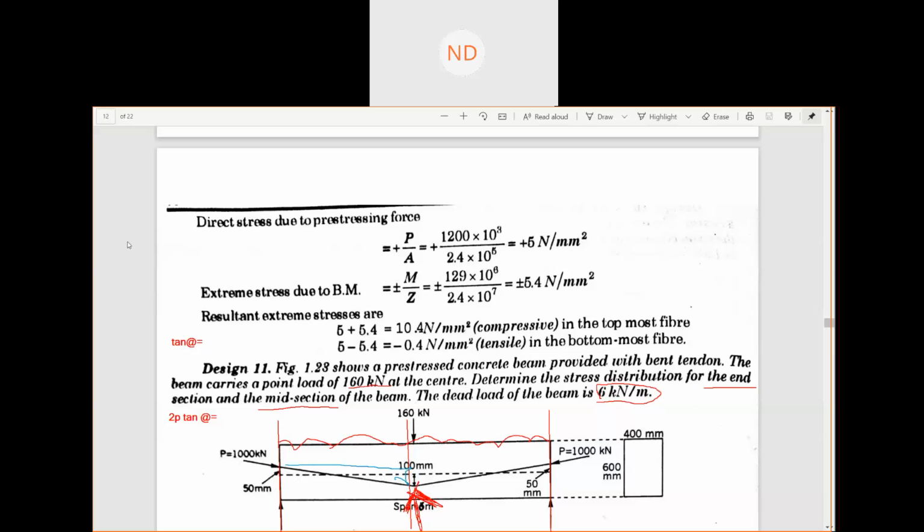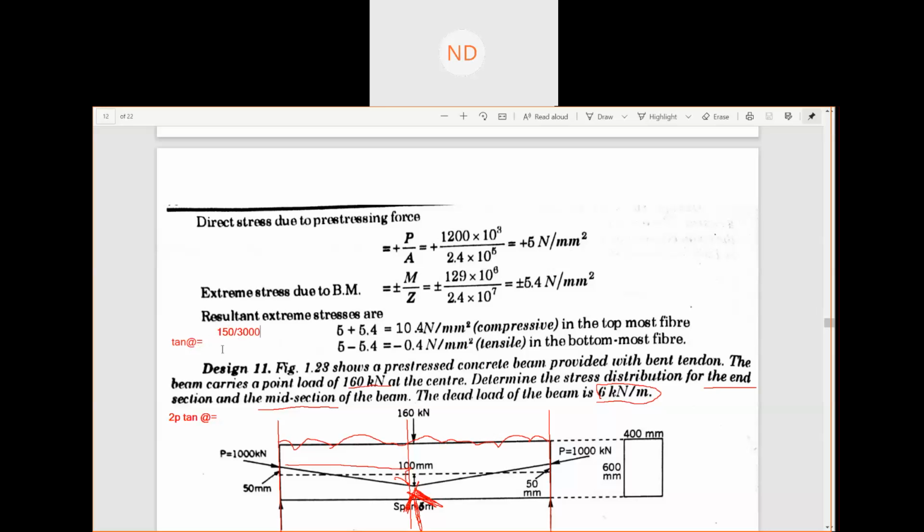So tan theta is 150 divided by 3000, which gives 15 by 300.